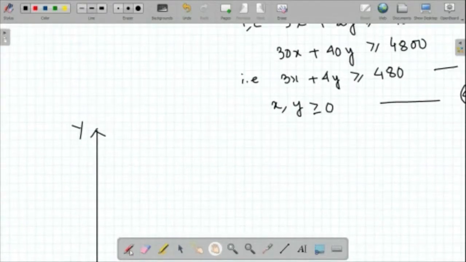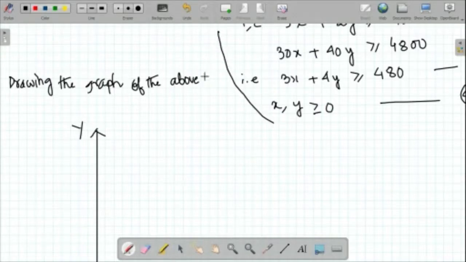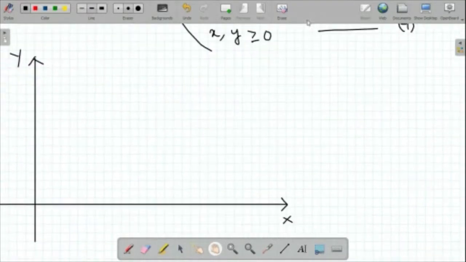Let's draw the graph of the above equations. The first equation is 5x plus 4y equal to 640.